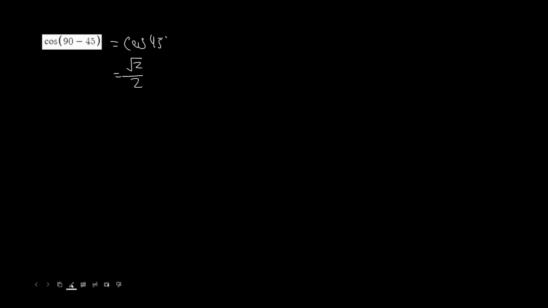The answer is yes. So this one right here, we have a trigonometric function which is cosine. So we're going to use the cosine formula in the sum and difference identities. And you have two terms, which is 90 and 45. And then the operation used inside is subtraction.